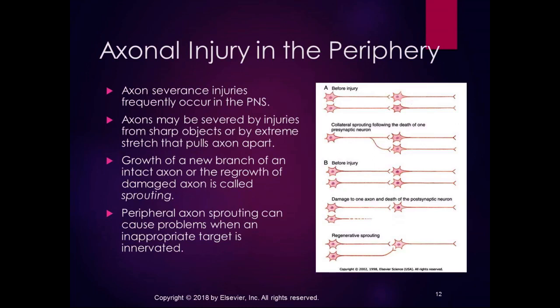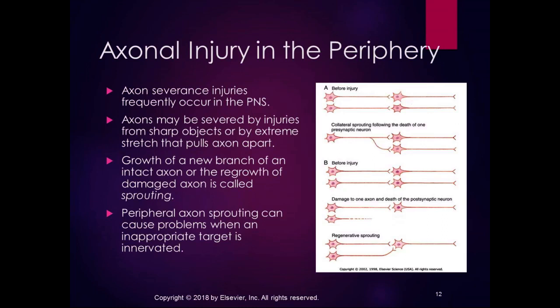In picture A, before the injury, you have two different axons synapsing with two different cells. After the death of one of the presynaptic neurons, you get sprouting from the other one to basically take over its function.